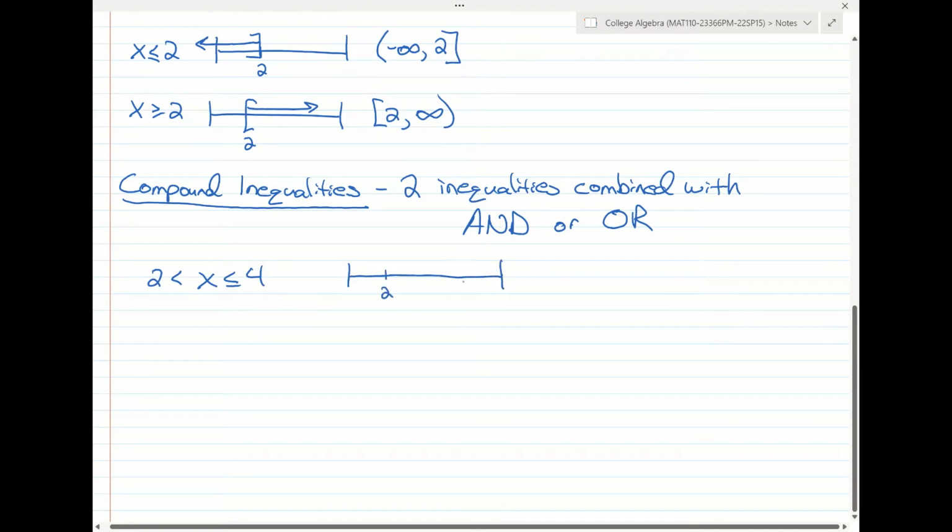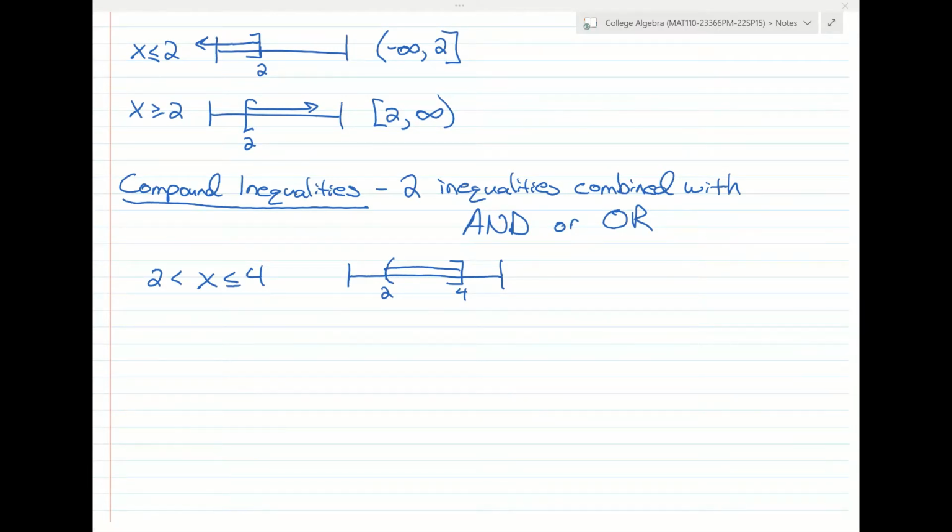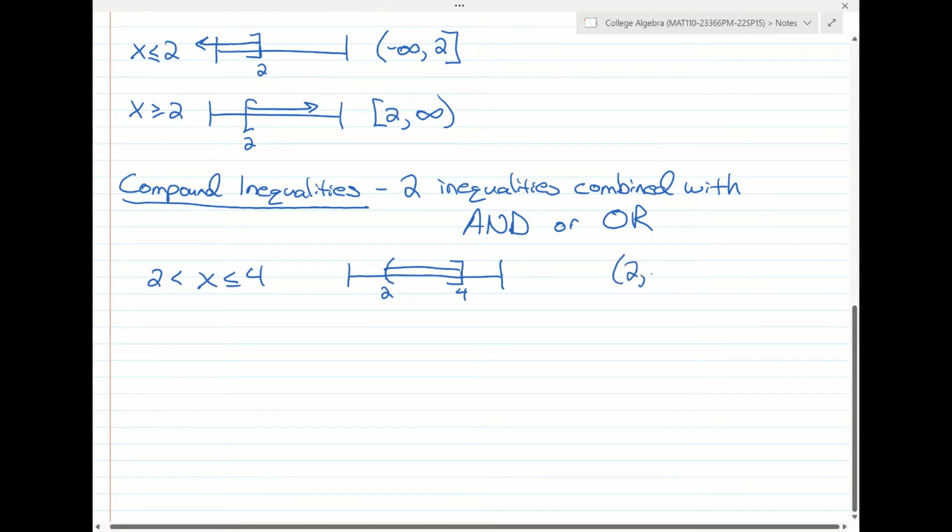Here's 2, here's 4, with a parenthesis on 2, a bracket on 4, and we're looking for all those numbers that are in between. In interval notation, the left side of the number line has a 2, the right side has a 4 with a bracket.